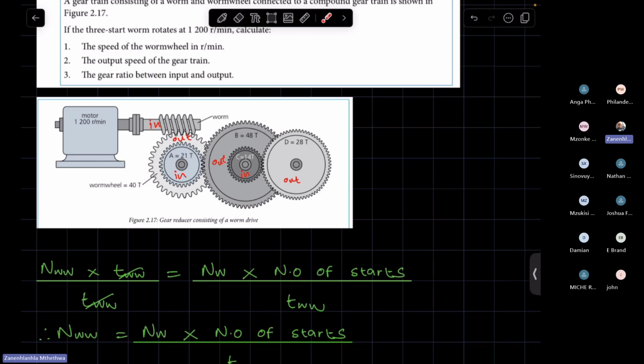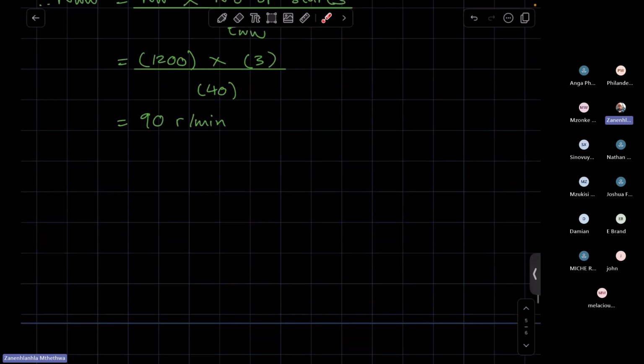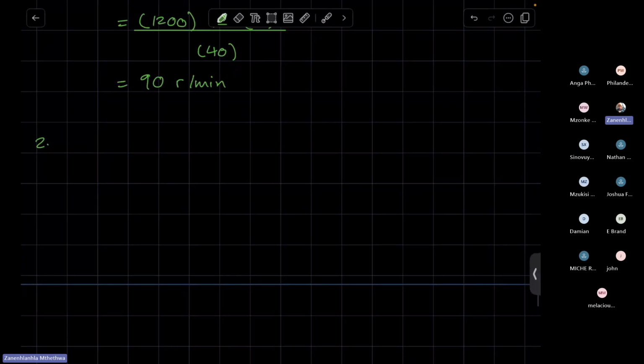Now, in a compound gear train, how do we calculate the gear ratio? The gear ratio can be expressed in a number of ways. Primarily, it is expressed in terms of the rotational frequency. Remember that as far as the rotational frequency, the gear ratio is equal to the rotational frequency of the input divided by the rotational frequency of the output. And then it also can be expressed in terms of number of teeth.